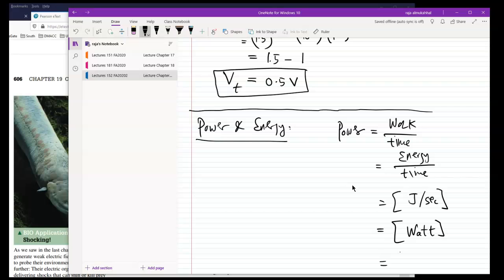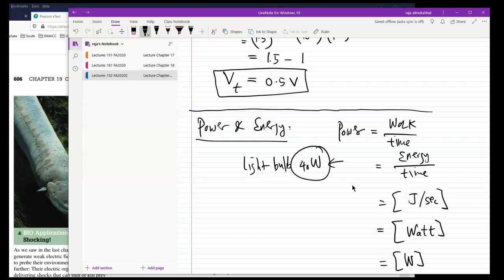or capital W. Let me give you an example. You go to the store, to Walmart, and you buy a light bulb. Let's say 40 watt. It's not as bright as, say, 100 or 75, but let's say you buy it, 40 watt.